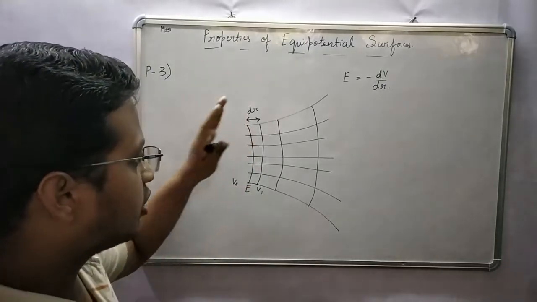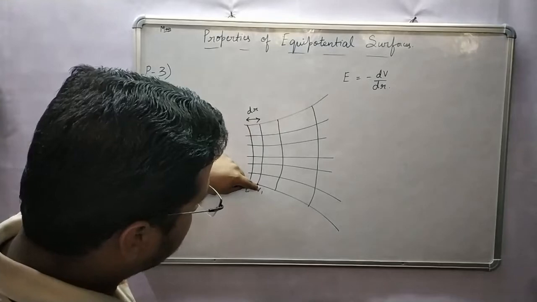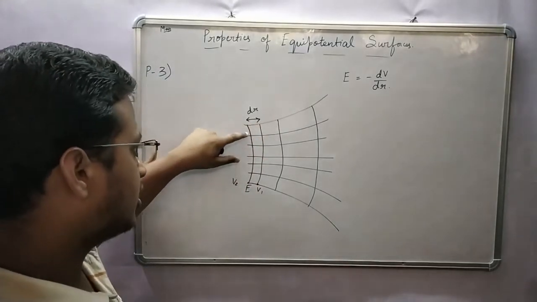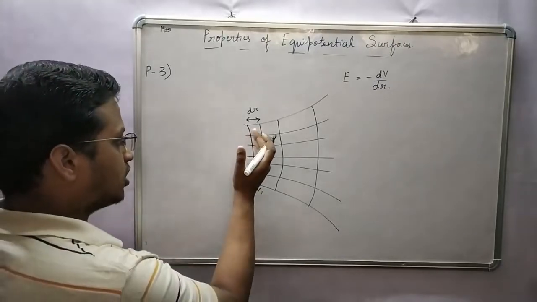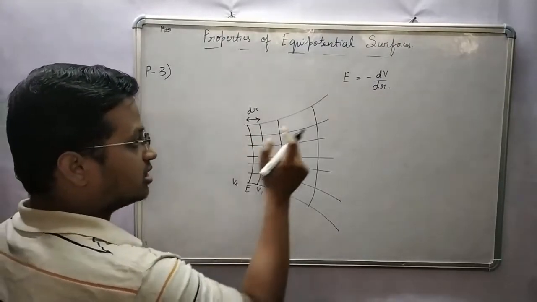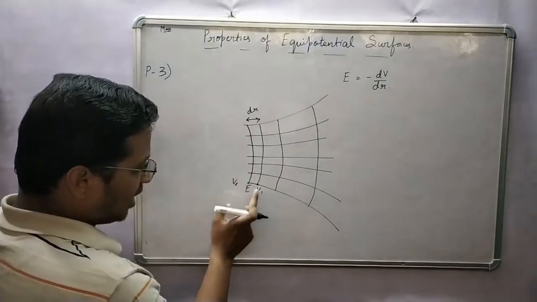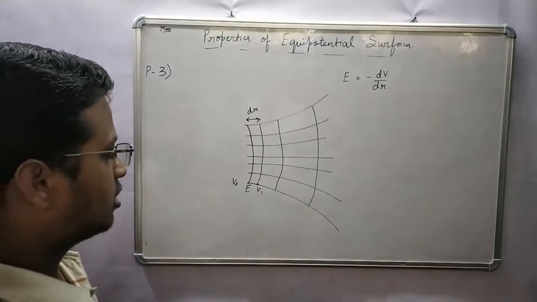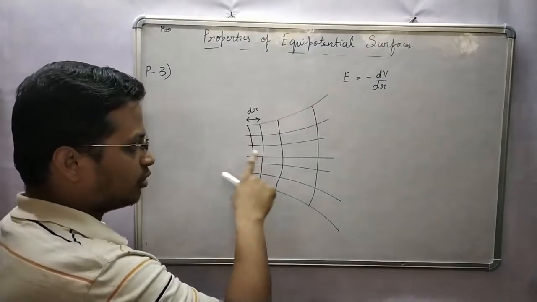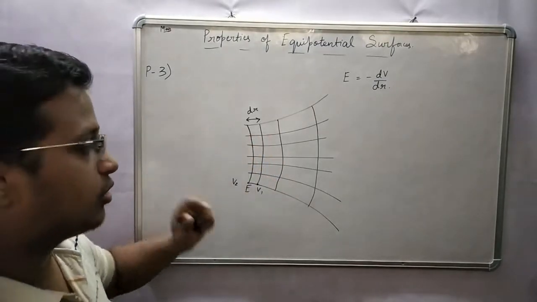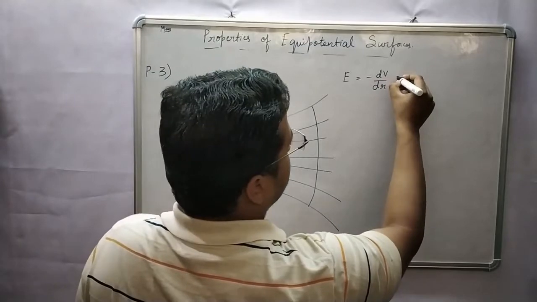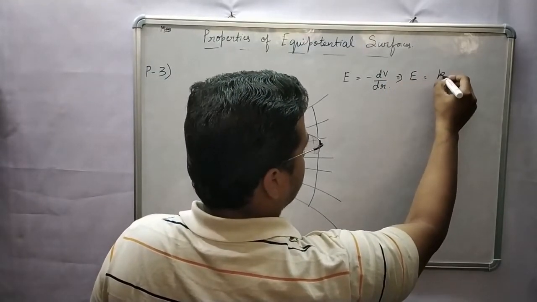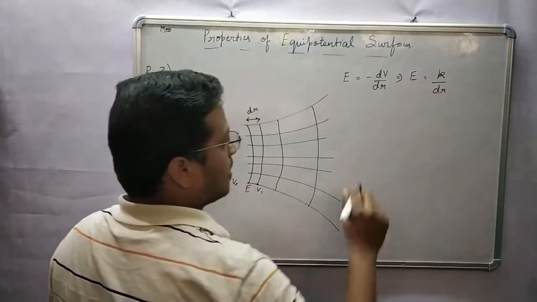Since this is an equipotential surface, the potential at all points is V1 and here the potential at all points is V2. So the difference in potential, dV, that is V2 minus V1, is the same for any 2 points. If you take 1 point here and 1 point here, dV is a constant. So this becomes E is equal to some constant divided by dr.